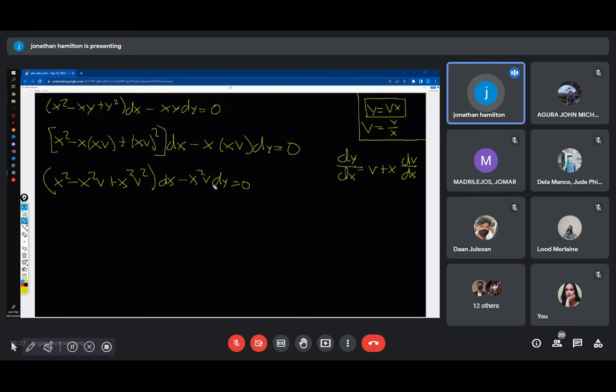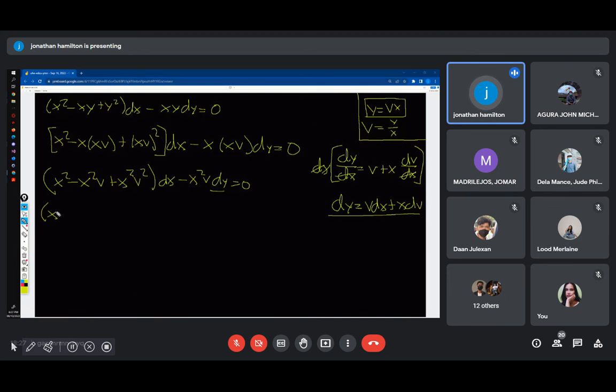Pero atong gina-try og solve is dy. So para mawala ning dy, we could multiply both sides by dx para ma-cancel out ni sila. So we're left with dy is equal to v dx plus x dv. We can use this to substitute ang atong dy here.